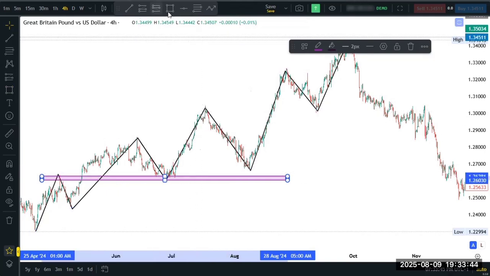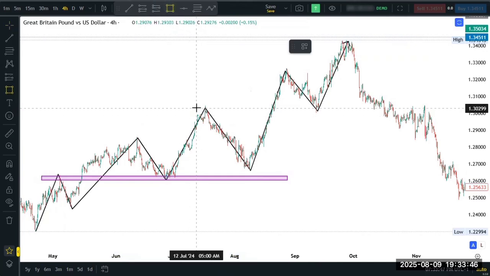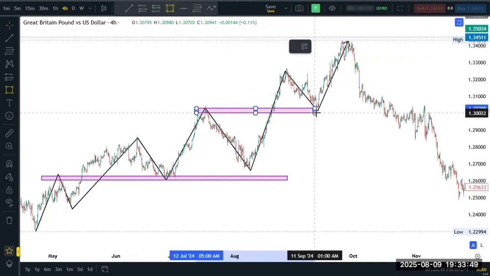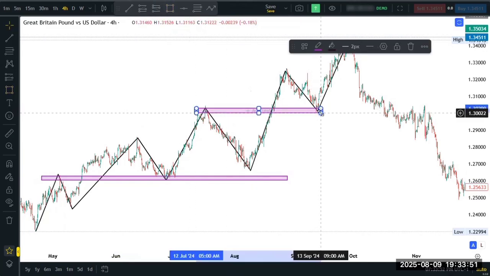At this level, price broke and passed this level. So this high was supposed to have stopped price from pushing up. However, price broke and passed that, and when price came down, it formed a support for price.